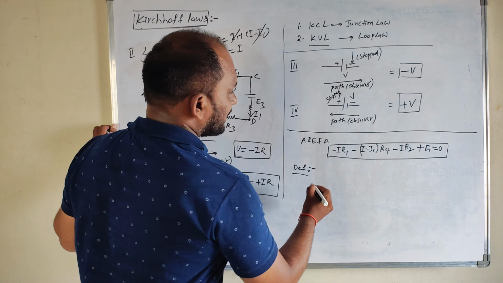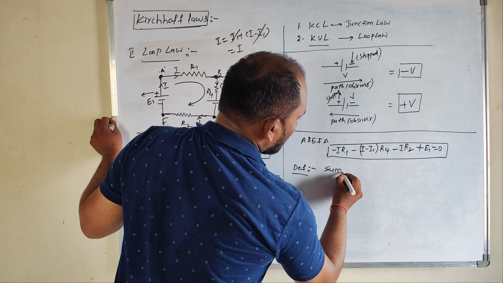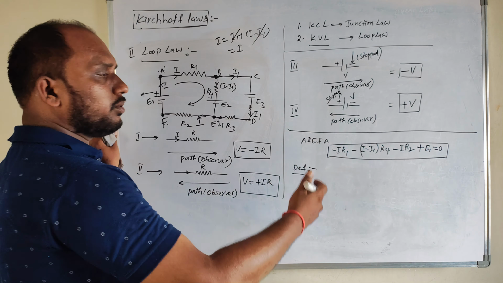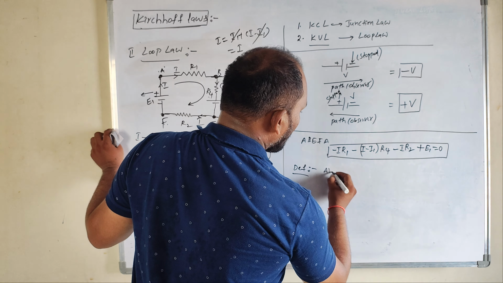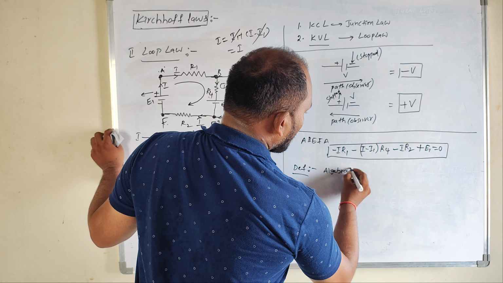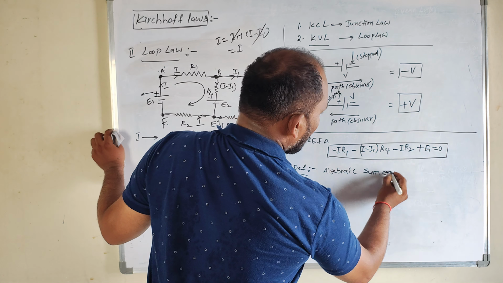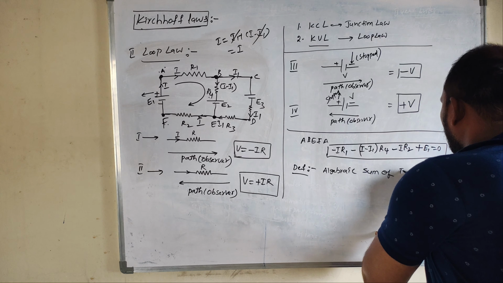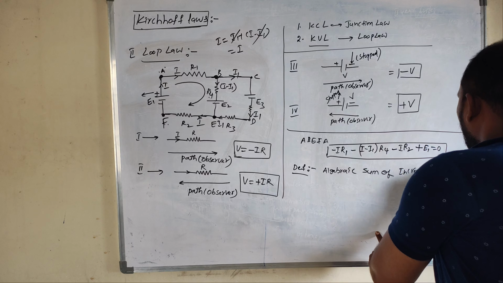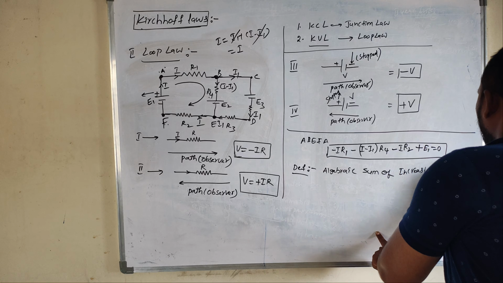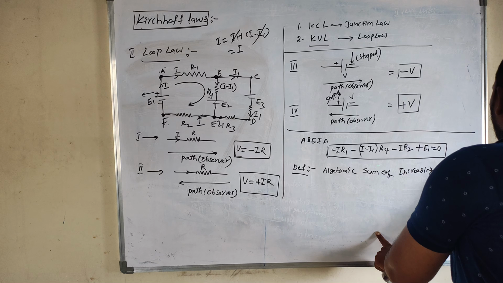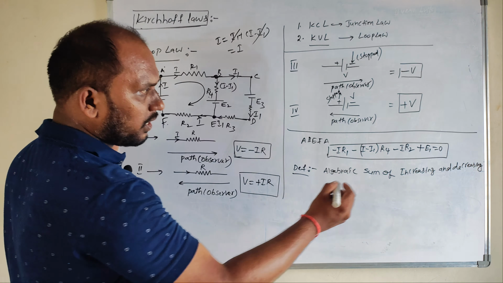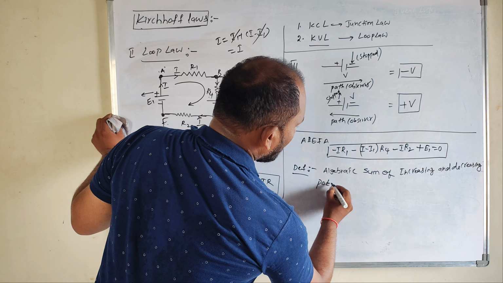How do we write it? We write the algebraic sum, because these are variables. The algebraic sum of increasing and decreasing potential differences.